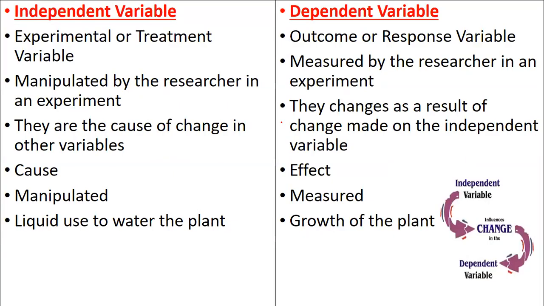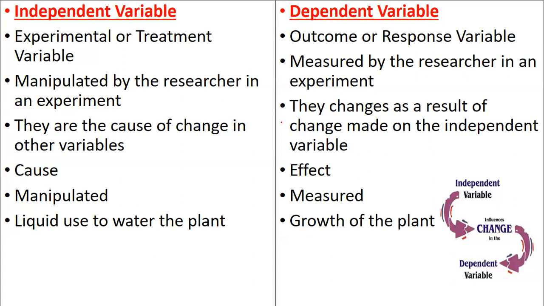Now, the next topic we have is variables, that is independent variable and dependent variable. Apart from that, we are going to do extraneous, intervening, and confounding variables. So let's first look at independent and dependent variables. When we talk about the independent variable, it is called the treatment variable, or the one which is manipulated by the researcher. It is the cause of the change. The one which can result in a change, like for example, the liquid used to water the plant.